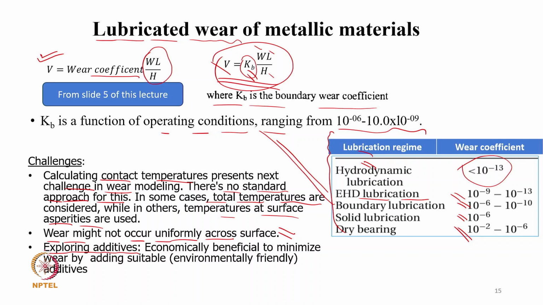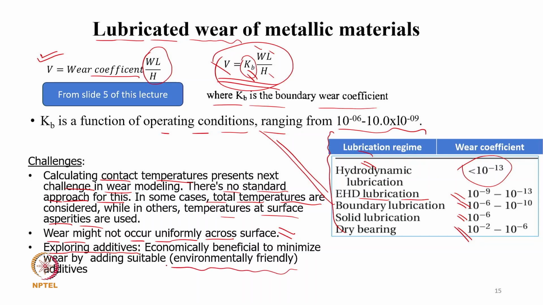Quite possibly, when we use anti-wear additives, the KB value will come down. As an example, we can use sulfur, chloride, or phosphorus, which will really reduce this coefficient. But the question comes, are they environmentally friendly? If not, then there will be a question whether we can really utilize this kind of additive or not.